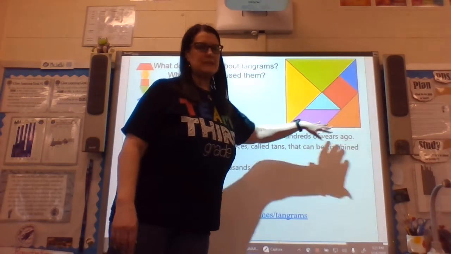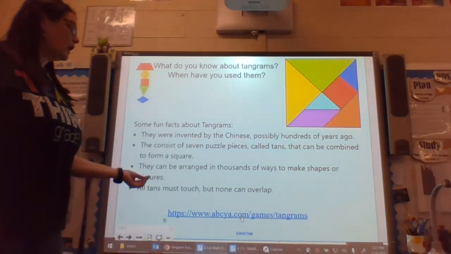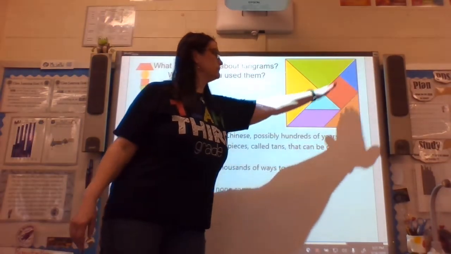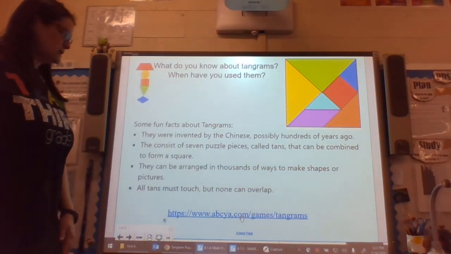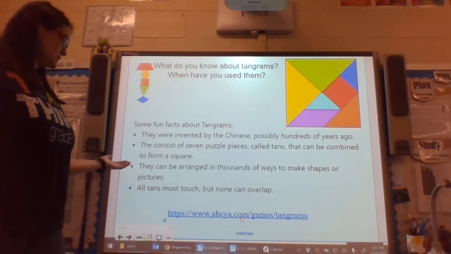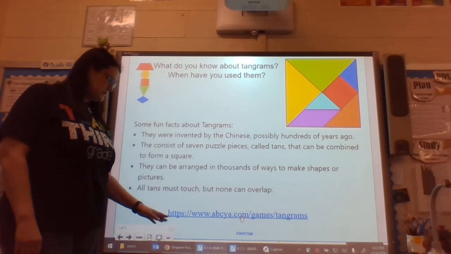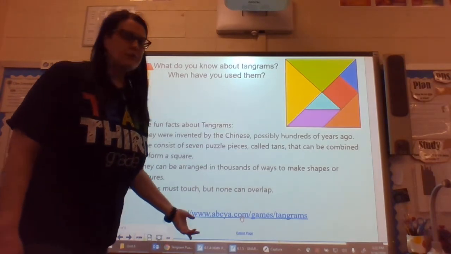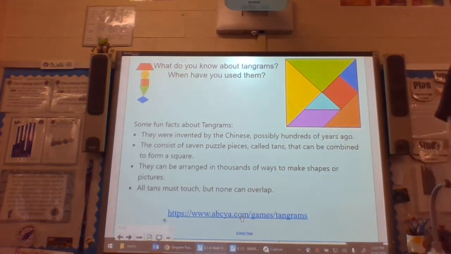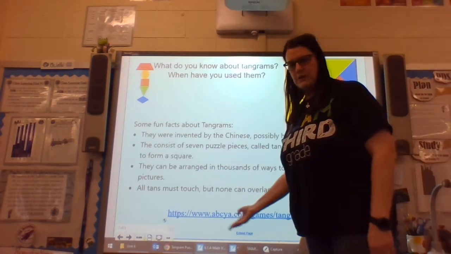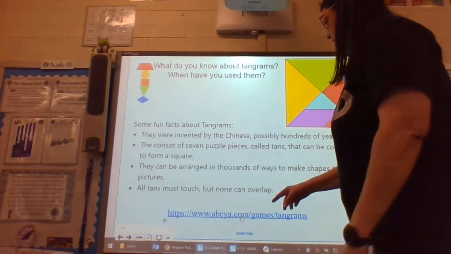They consist of these 7 pieces called tans that can be combined to form that square. They can be arranged in thousands of ways to make shapes or pictures, but all tans must touch, but none can overlap. So in your lesson today, we gave you this link of just a fun activity that you can do if you want to about tangrams.